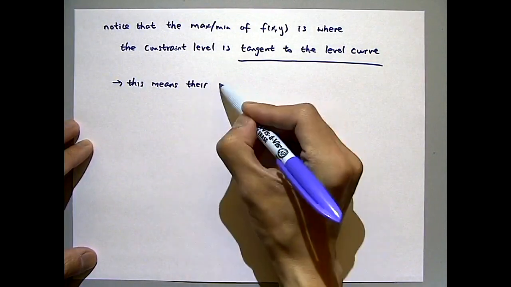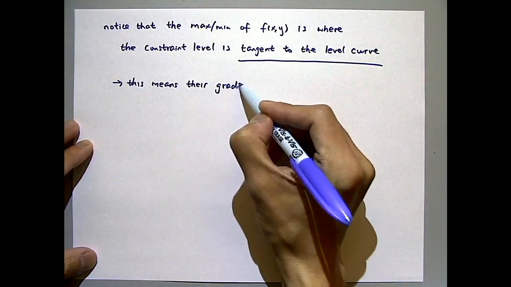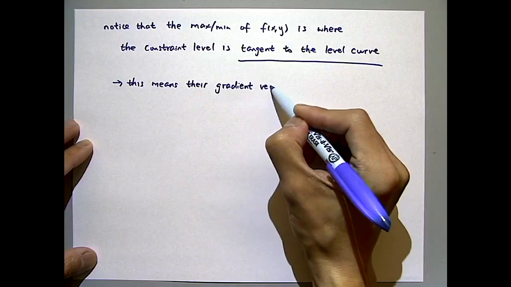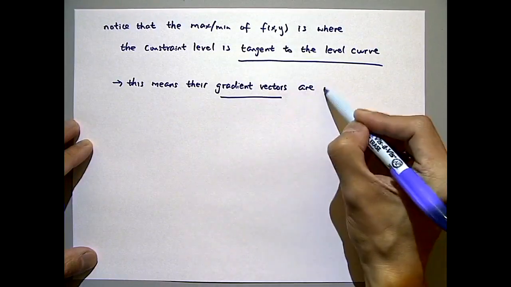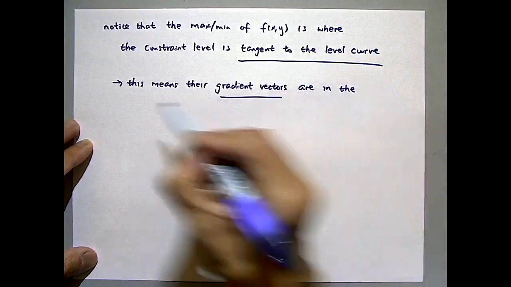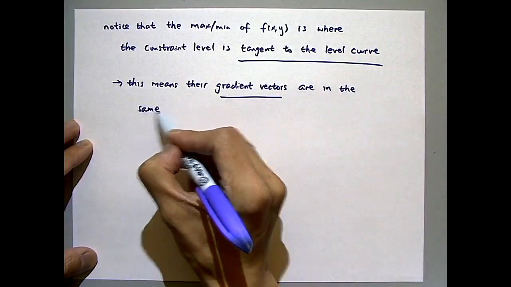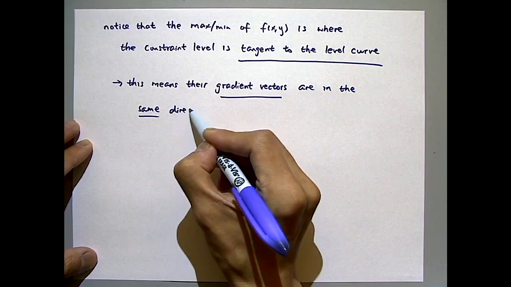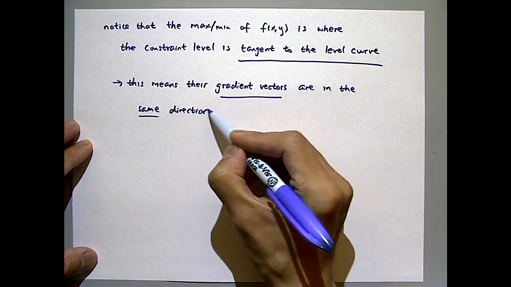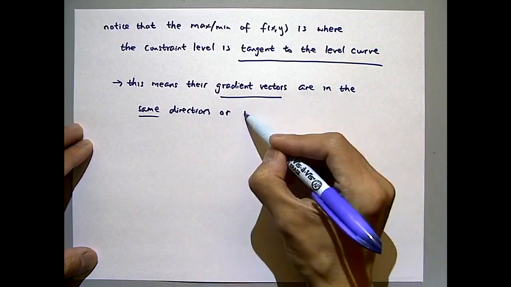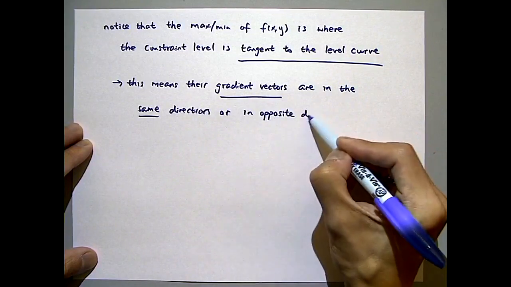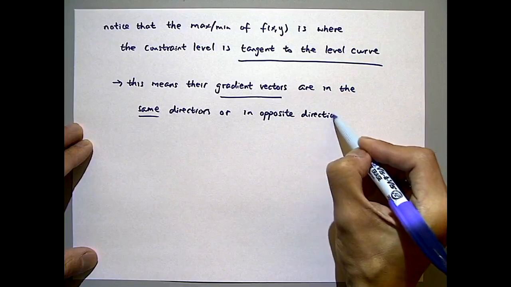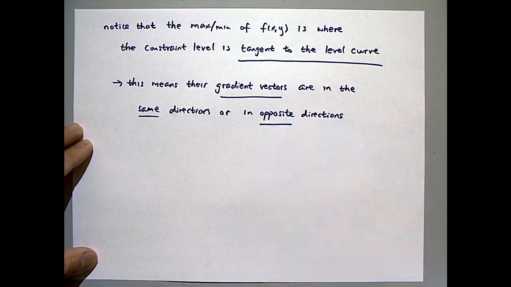This means their gradient vectors are either in the same direction or in opposite directions.